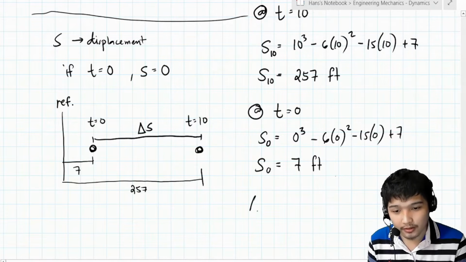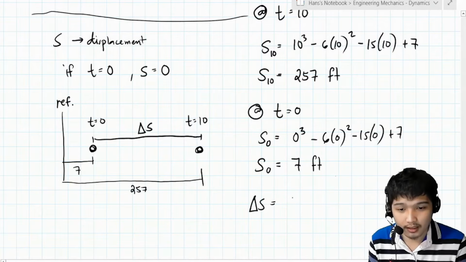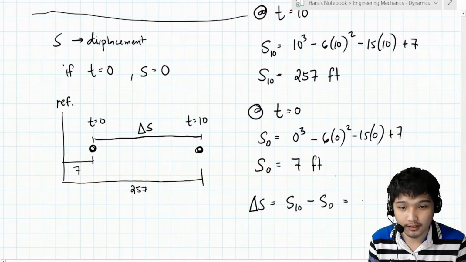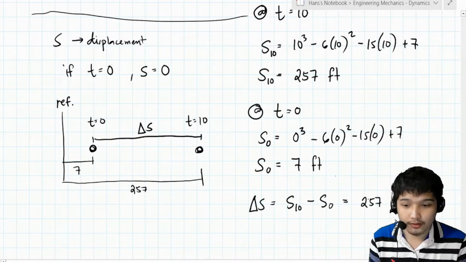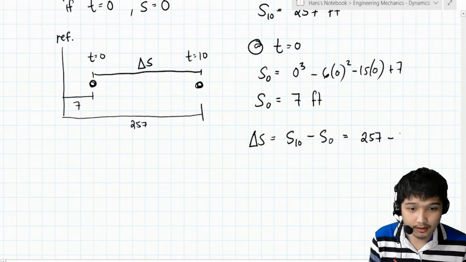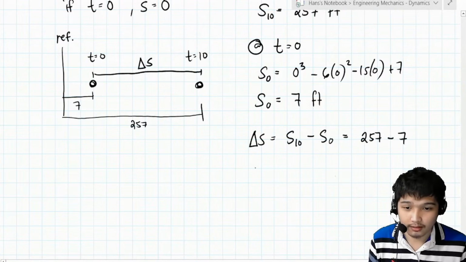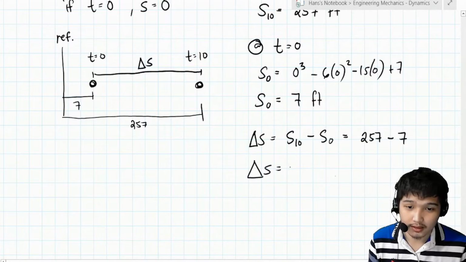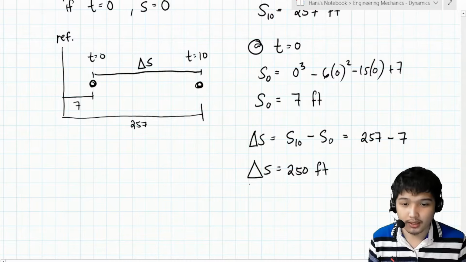So, therefore, yung delta S ay equal sa position niya at 10 seconds minus yung position niya initially. So, that is 257 minus 7. So, the displacement is 250 feet.